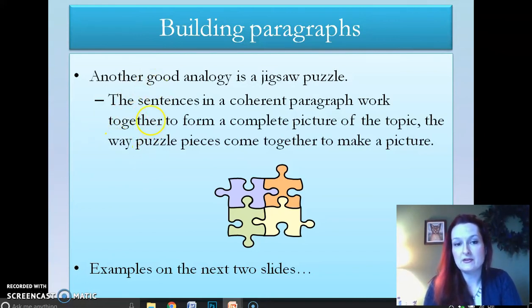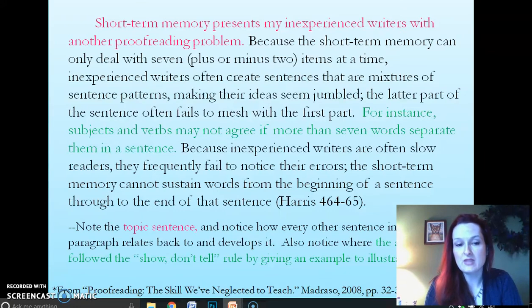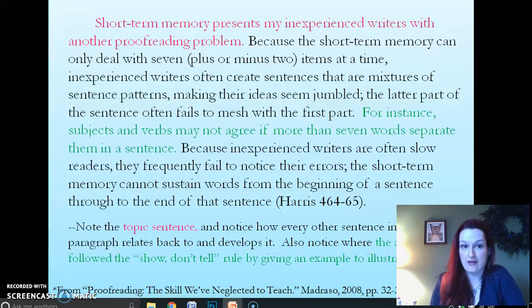And let's look at a couple of examples of unified coherent paragraphs. This is from an article called Proofreading, the Skill We've Neglected to Teach. Short-term memory presents my inexperienced writers with another proofreading problem. Because the short-term memory can only deal with 7 ± 2 items at a time, inexperienced writers often create sentences that are mixtures of sentence patterns, making their ideas seem jumbled.